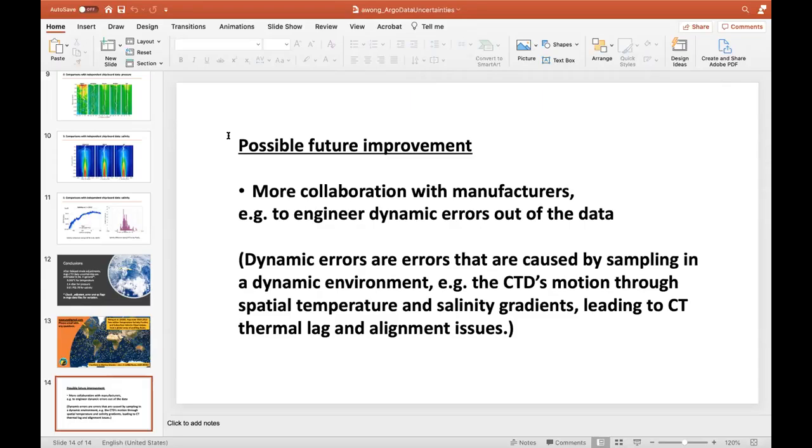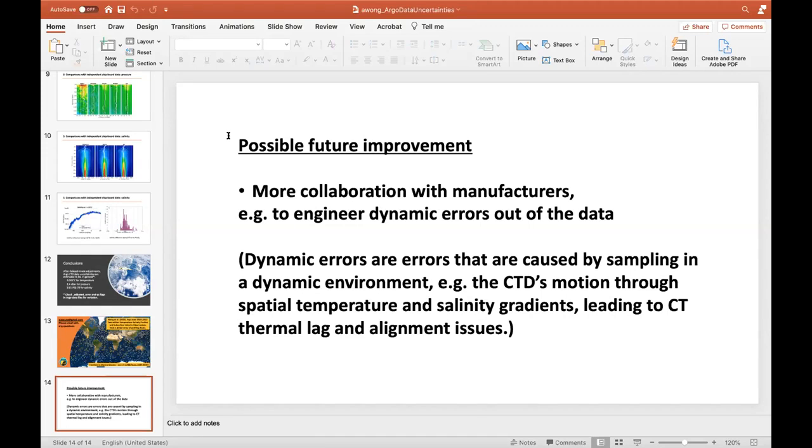Yeah, it's a collaborative endeavor, but what we find is that oceanographers tend to be able to come up with better coefficients, and it would be good if these coefficients can be fed back to the manufacturers, and the manufacturers actually hardwire them into the onboard controller board inside the CTD, so that the alignment issues and the thermal lag issues are taken care of during the onboard processing.